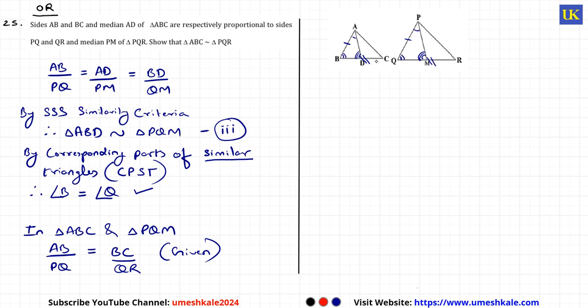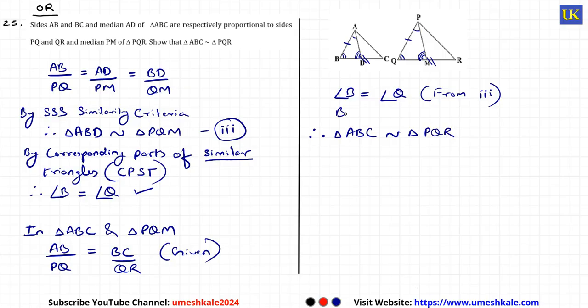So two sides and one angle: angle B is equal to angle Q from our third equation. With all three things, we can say that triangle ABC is similar to triangle PQR.